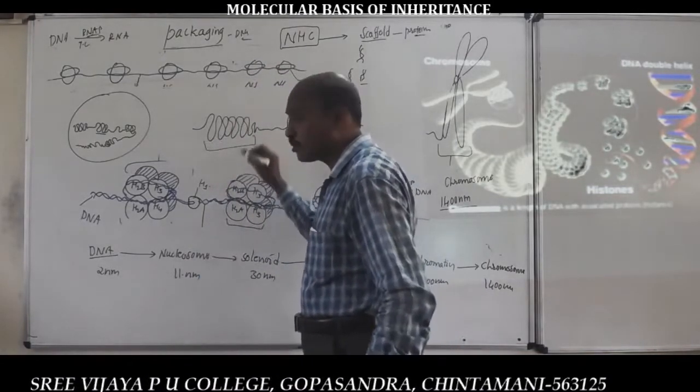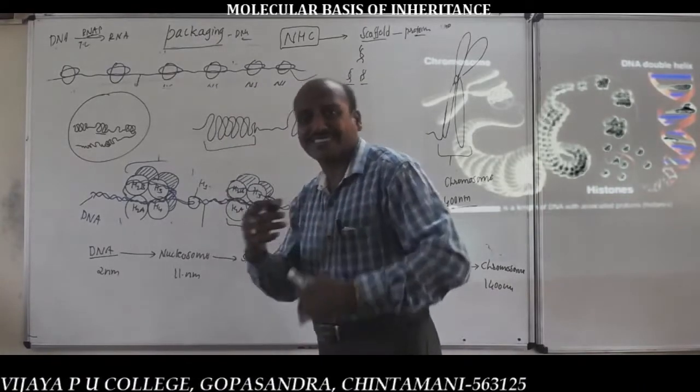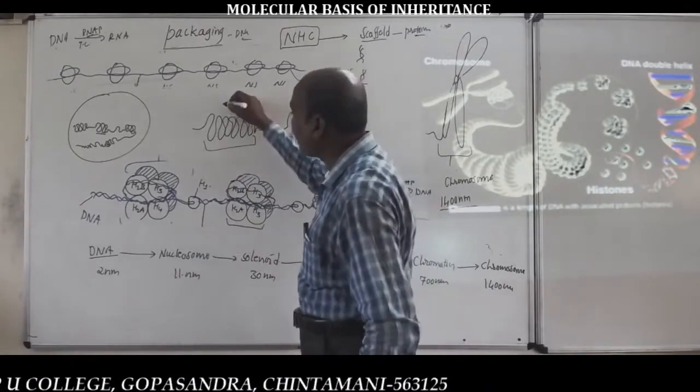Some regions of the chromosome are more coiled, densely coiled, and darkly stained.